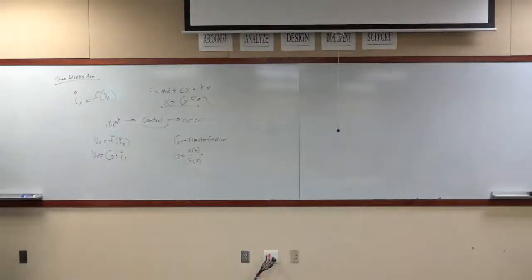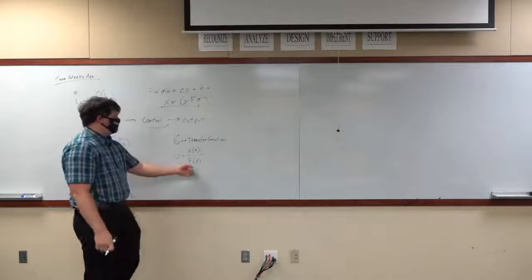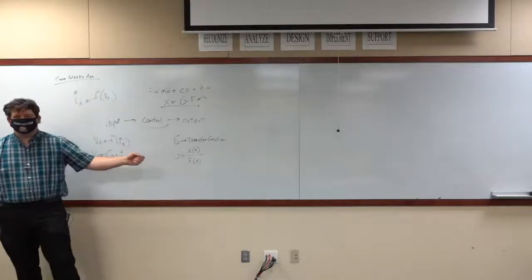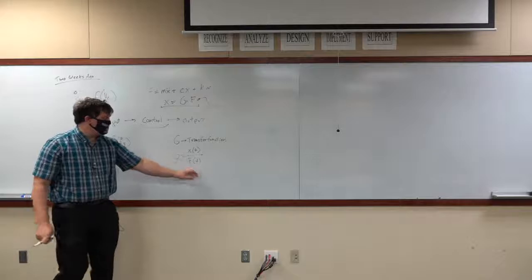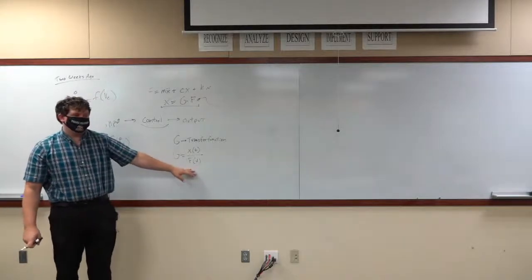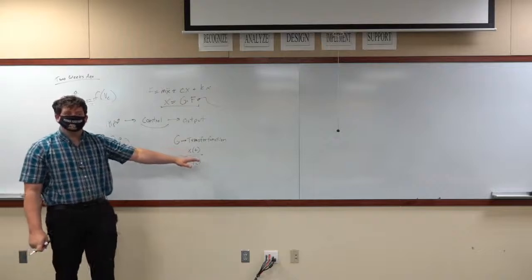Okay? We're not looking at g such that g is a constant. We're looking at g such that g is a function. And if we have this, and we can multiply it by whatever function f of t is, we can find what the function x of t is.